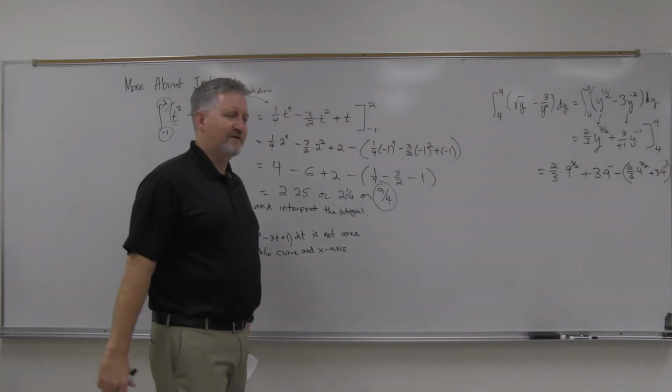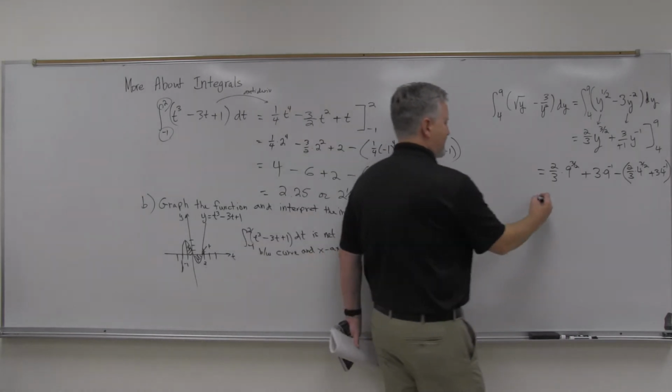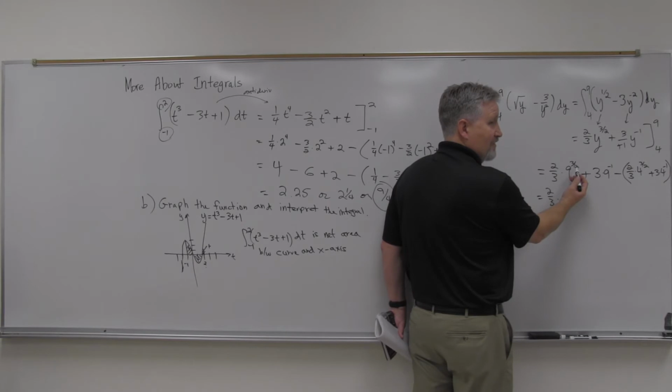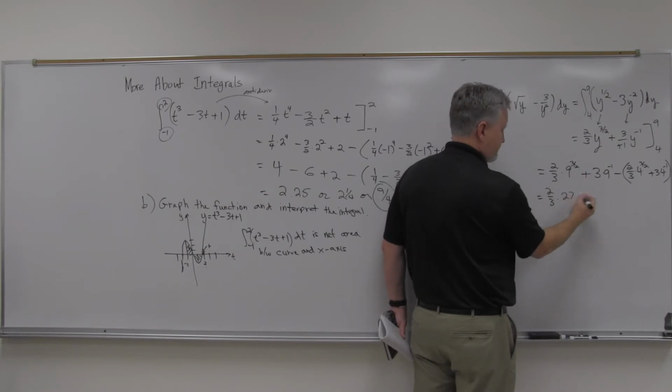You can punch that in your calculator. I like to think about what these would be. With the 3/2 power, you've got the square root, then cubed. So the square root of 9 is 3, and then that's cubed, so it'll be 27.